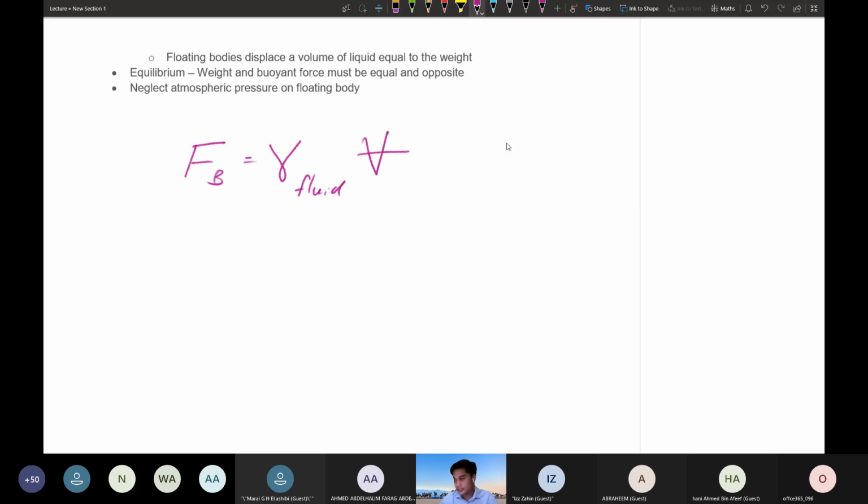For this case, this volume or this volume, A or B? B. Volume of what? A or B? B, of course.